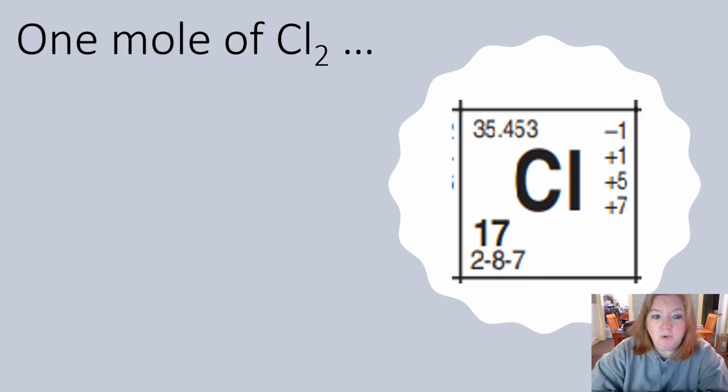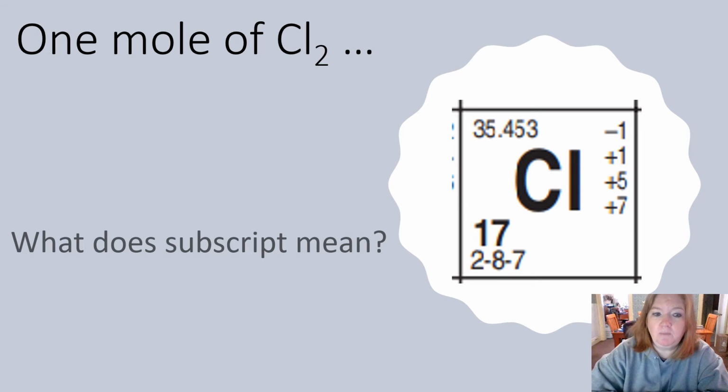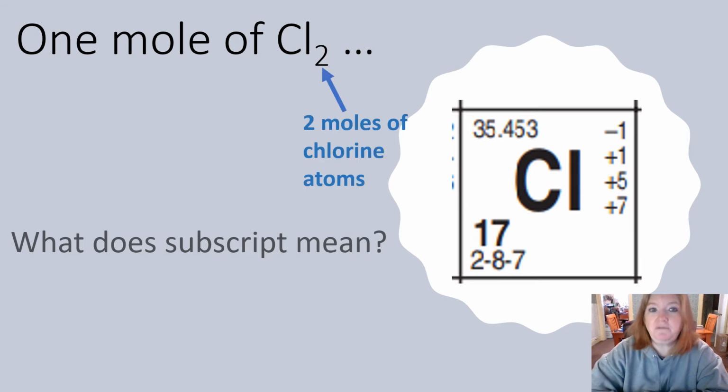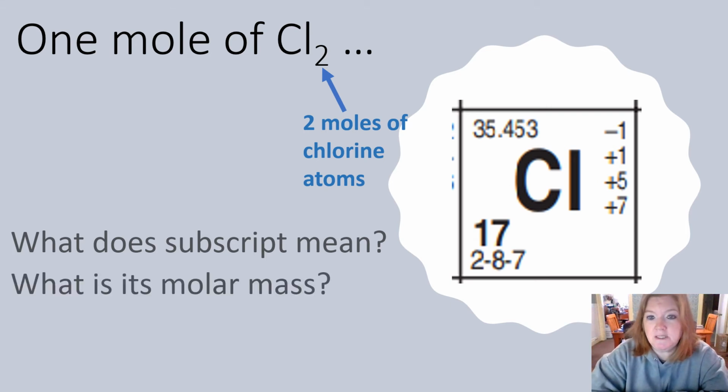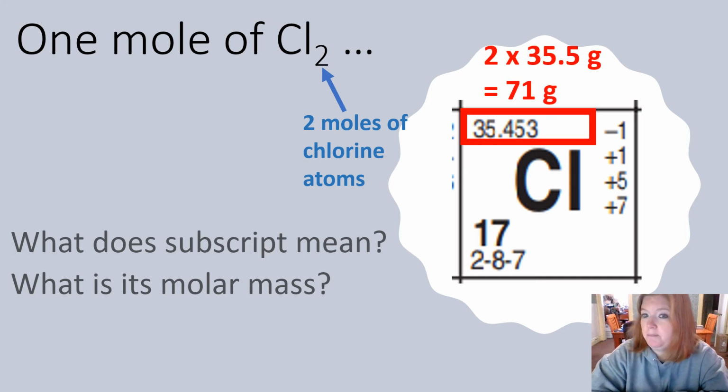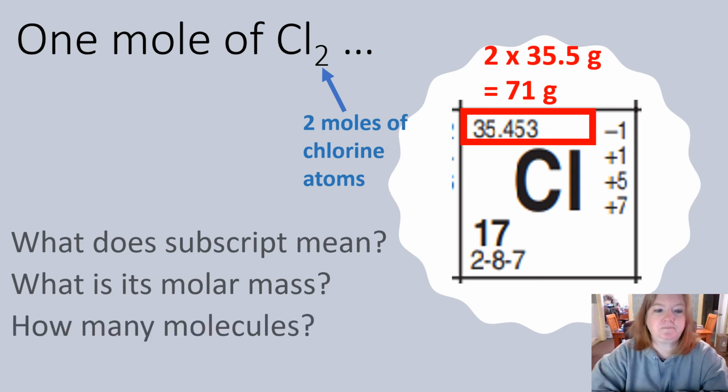What about if I have a mole of Cl2? Well, what does the subscript mean? Well, if I have a mole of Cl2, I actually have 2 moles of chlorine atoms. What is its molar mass? Well, if it were 1 mole of atoms, it would be 35.5, but it's not. It's 2 moles of atoms, so I'm going to multiply it by 2.